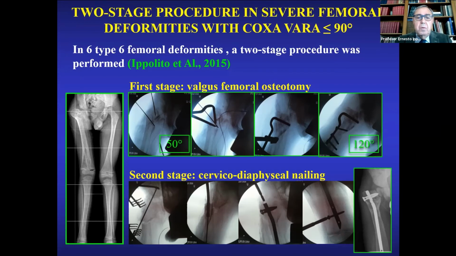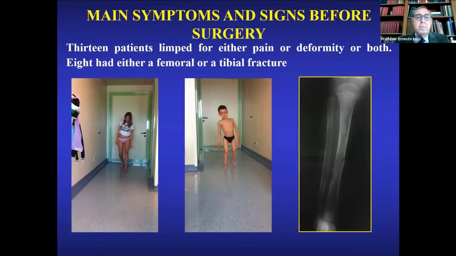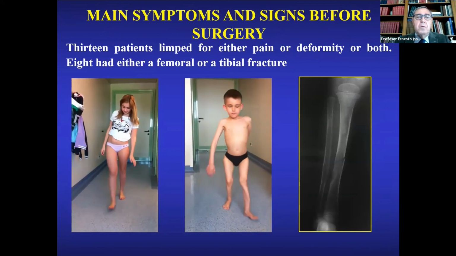You can see the positioning and the reaming of the medullary canal to position, in this case, the proximal adult humeral nail that is stabilized with distal locking screws and a proximal spiral blade. And these are the main symptoms and signs before surgery.